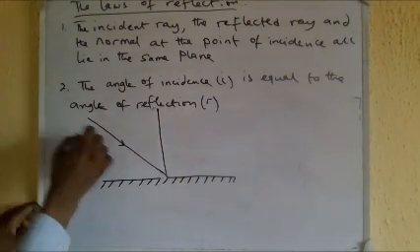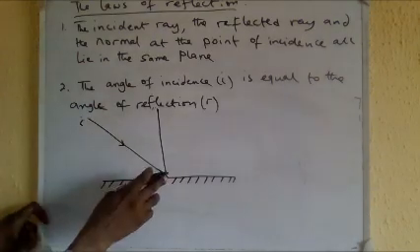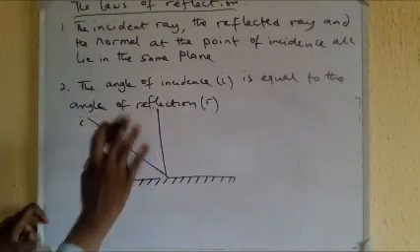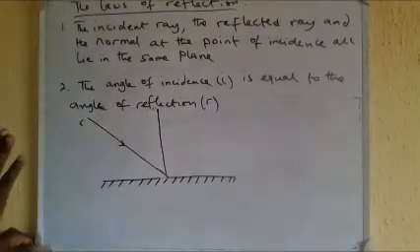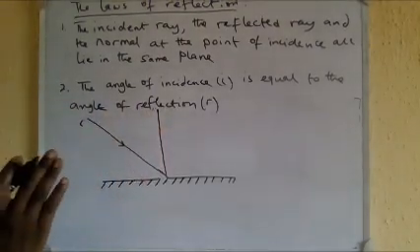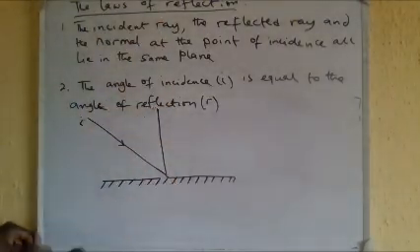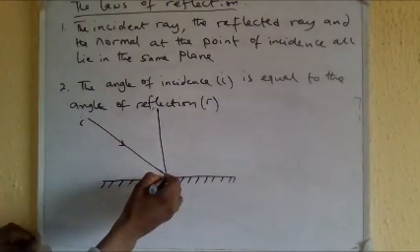So when this is incident ray I, when it comes on this plane, there's a normal already. That normal is virtual. It's not part of the ray. It's geometry. There's a line that is normal, perpendicular to this one. So the incident ray hits this point here, and it's reflected from this point again.